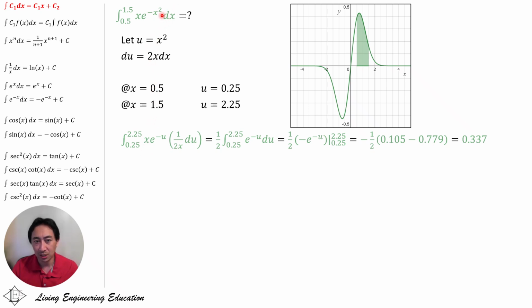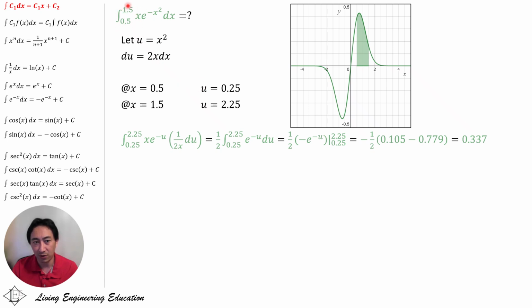So then the next thing is that you have a dx term here, so you can write du divided by 2x equals dx, right? And that's this substitution right there. Okay, then you have an x here and x here, so those will cancel out. And before we move on to the next step, we do our substitution for our lower and upper limits.